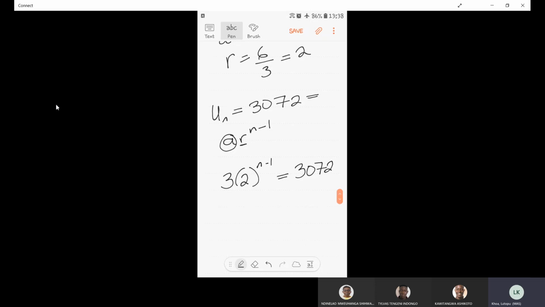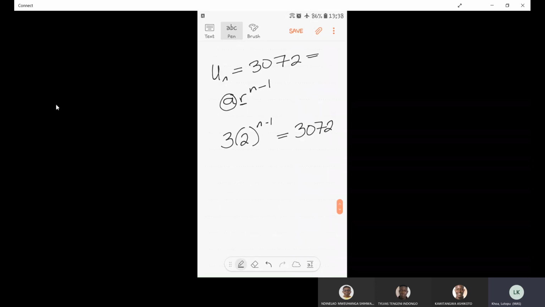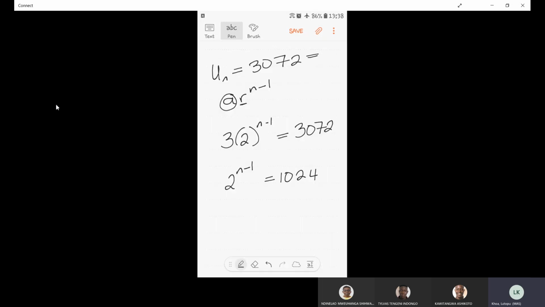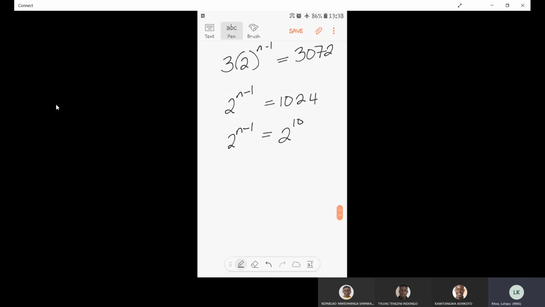I want to make n the subject of the formula, so I need to divide by 3 on both sides. I get 2 to the power of n minus 1 is equal to 1024. Then 1024, I can rewrite it as 2 to the power of 10. This means that 2 to the power of n minus 1 is equal to 2 to the power of 10.